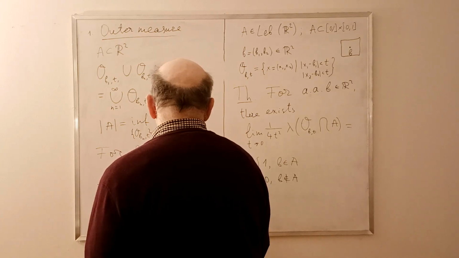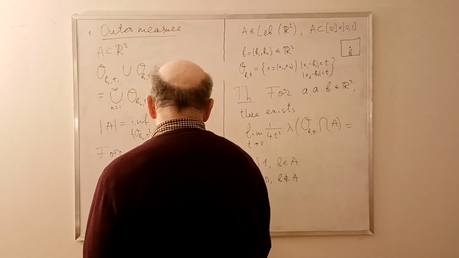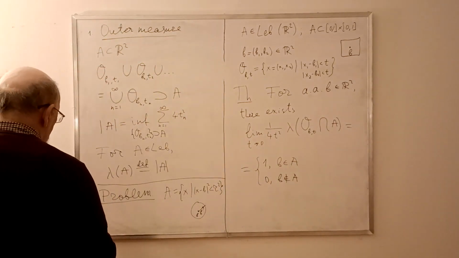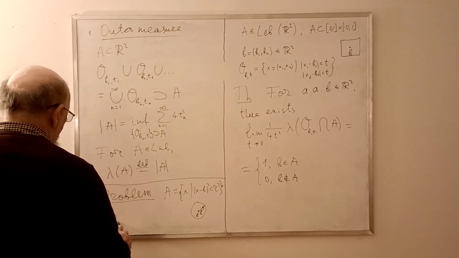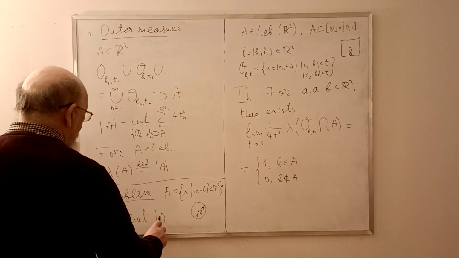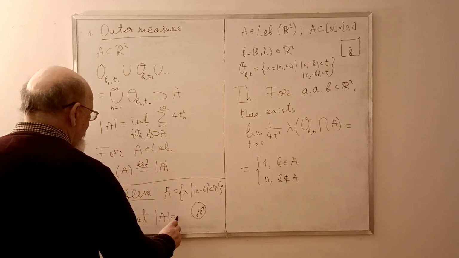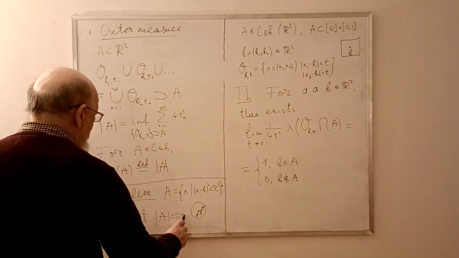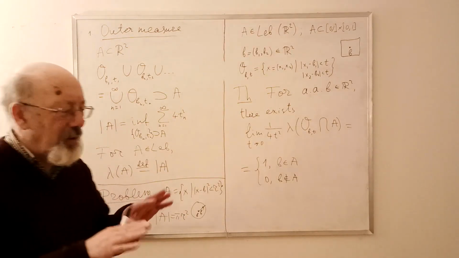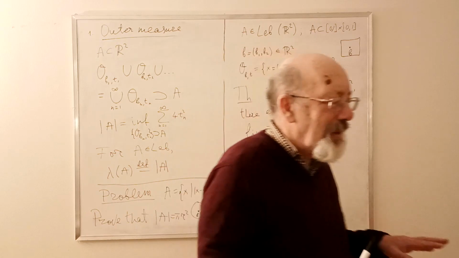So it is a disk of radius r around the point b. Prove that the outer measure of A equals pi r squared. So we have to play with different coverings.